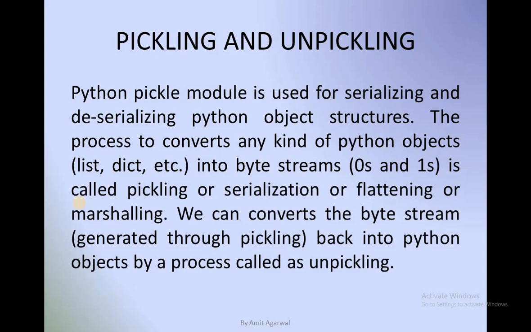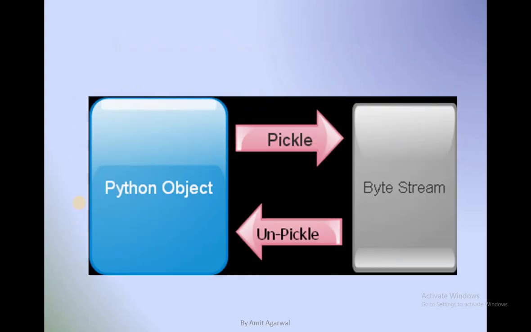We can convert the byte stream generated through pickling back to a Python object by a process called unpickling. So when we convert a Python object to a byte stream, it is called pickling, and when we convert a byte stream to a Python object, it is called unpickling.